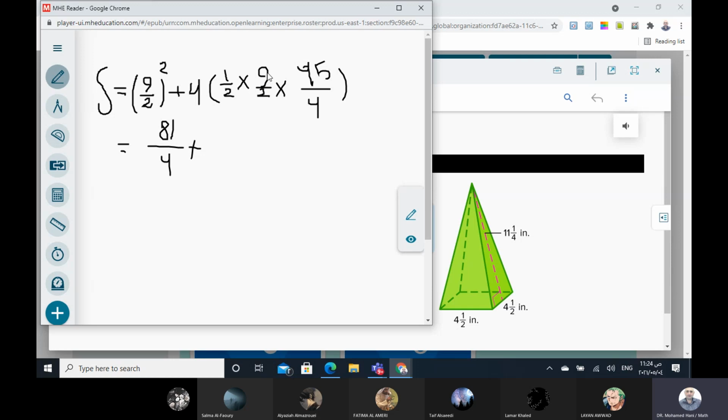And 2 times 9 times 45, or I can solve it the easy way: 4 times, we can multiply the numerators. 1 times 9 times 45 will be 405, and down we have 2 times 2, 4, 4 times 4, 16.